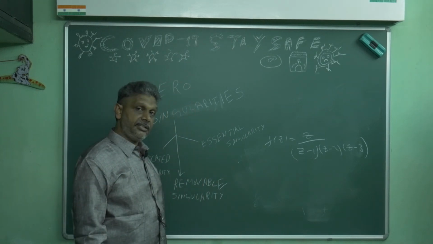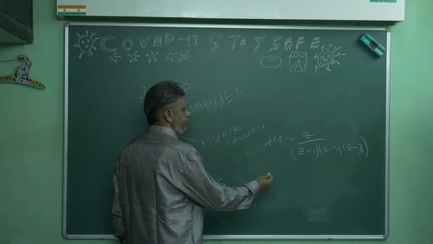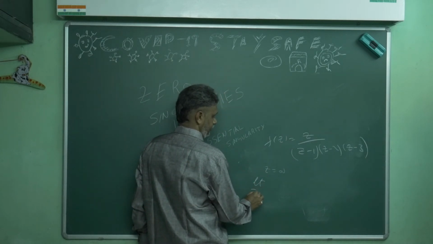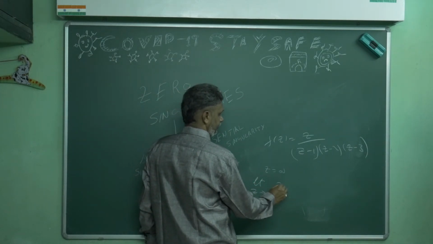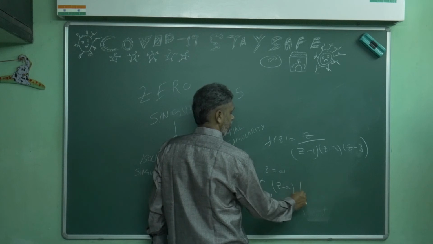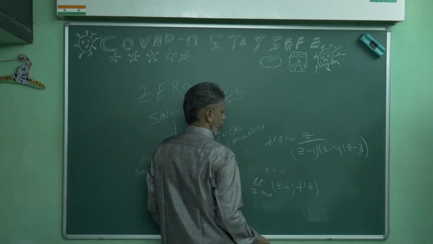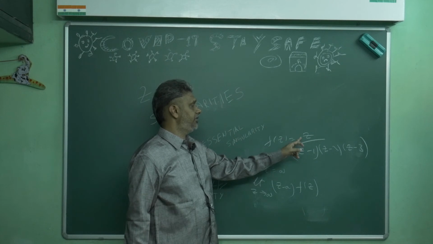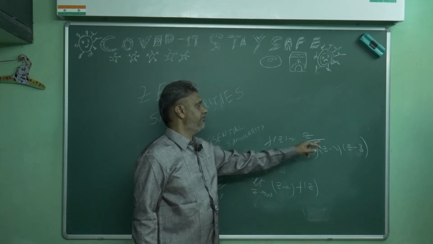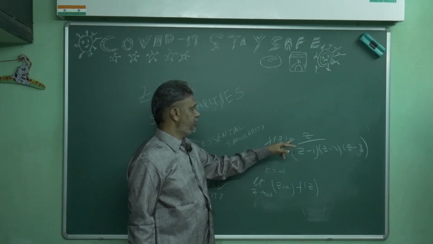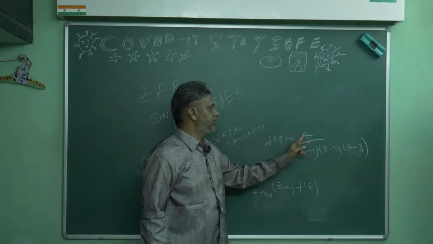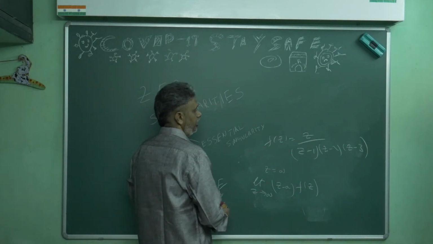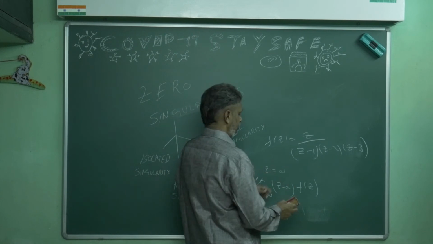What is the meaning of a pole? Suppose z equal to a; if it is a pole, then the limit as z tends to a of (z minus a) f of z will exist. Can I write it or not? The limit as z tends to 1 of (z minus 1) times this whole function: the z minus 1 cancels and the limit exists. Similarly the limit as z tends to 2 of (z minus 2) times this whole function: it cancels and exists. So these are simple poles. A pole of order 1 is called a simple pole.